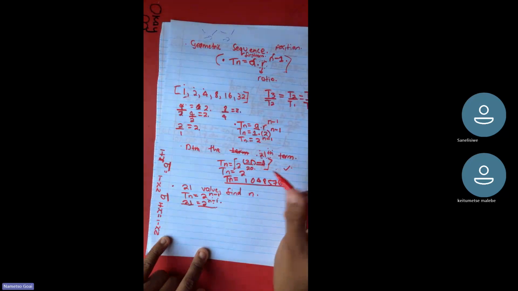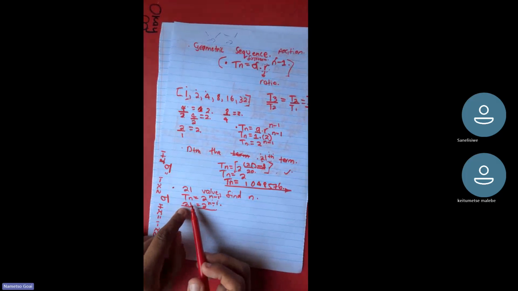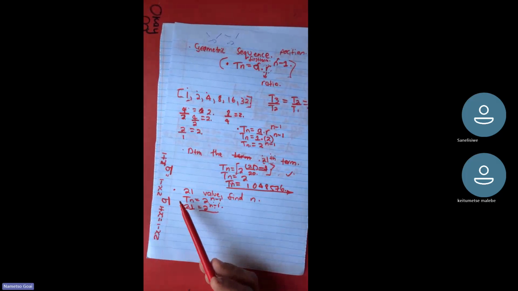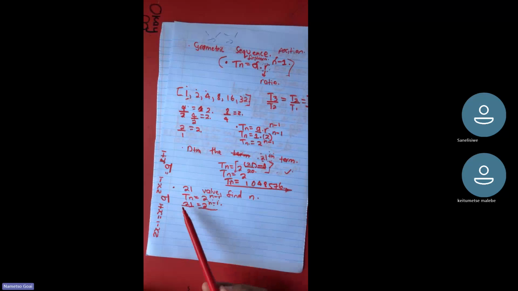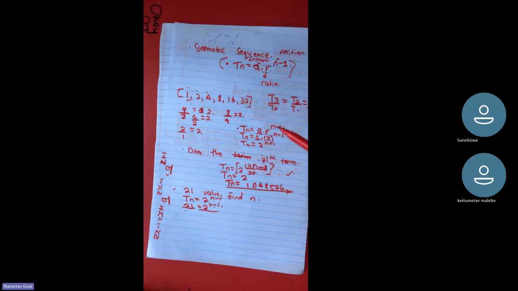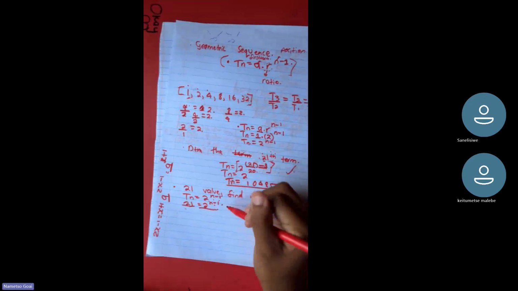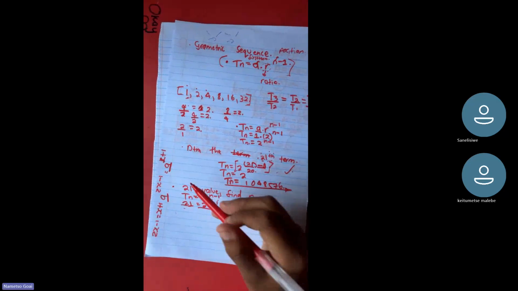No, this question was like this, guys, because this 21 cannot be made to have a base of 2 and an exponent of something. So this question was actually supposed to be like this, not like this. I just thought that maybe you could get it like that.